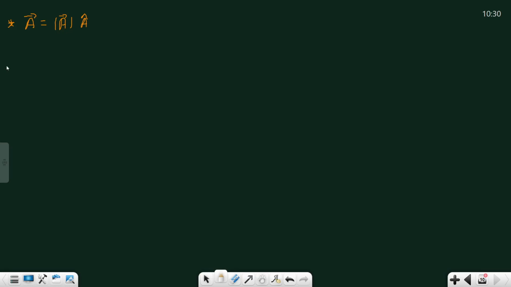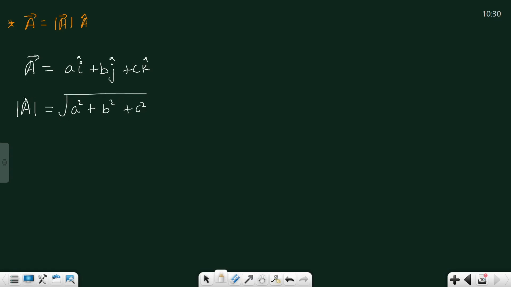Yes, sir. So whenever I write a vector, simply ai plus bj plus ck cap, what will be the magnitude? It's under root a square plus b square plus c square. Simple. Is it correct?